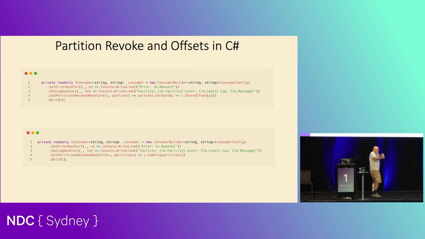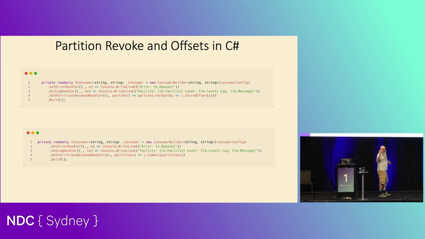Because I've taken control of how we get those offsets into Kafka, either I'm writing them to the store, letting it commit in the background, or I'm committing manually, I now have to also tell Kafka what to do if I, as a consumer, lose a given partition because it's been allocated to somebody else.